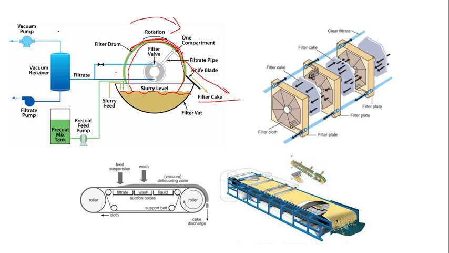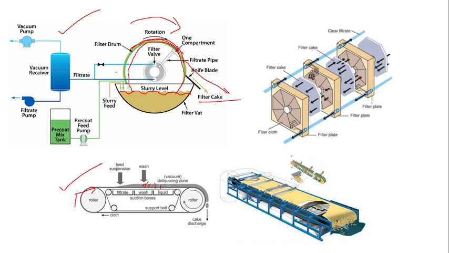Okay, so this is one of the methods used in dewatering, and the next one is the horizontal belt filter. This is the working mechanism. It has two rollers on either side. From one side we feed the slurry into it. The slurry passes through the belt, and finally after the filtration and washing, cake formation happens.